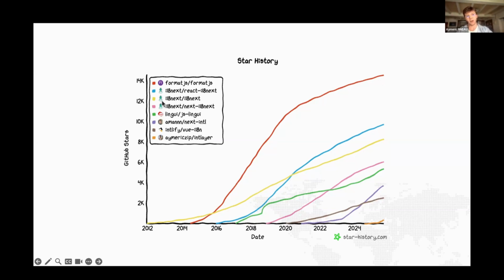We also have all the i18next-related solutions here, which are still the main reference in terms of internationalization for React applications, simply because there are tons of different community plugins and solutions to fix all the problems related to internationalization. We also have Lingui here, next-intl, which gained a lot of traction over time, and Vue i18n, which is quite constant over time. And the last one is Intlayer.